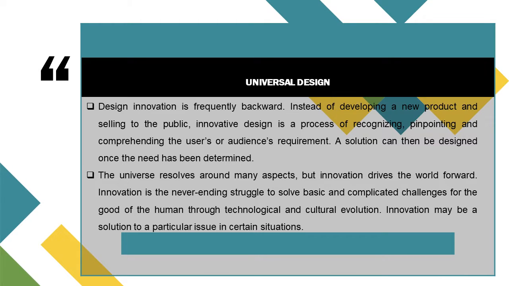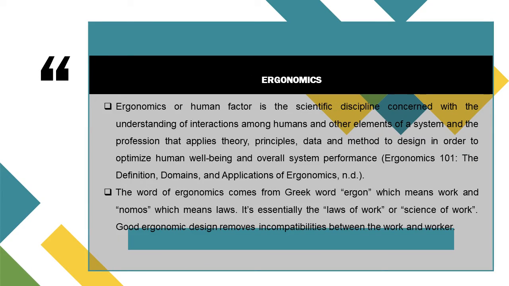So an appropriate size and space is provided for approach, reach, manipulation and use for the user's body size, posture and mobility. Ergonomics is a human factors scientific discipline concerned with understanding the interaction among humans and other elements of a system, and the profession that applies theory, principles, data and methods to design in order to optimize human well-being and overall system performance.